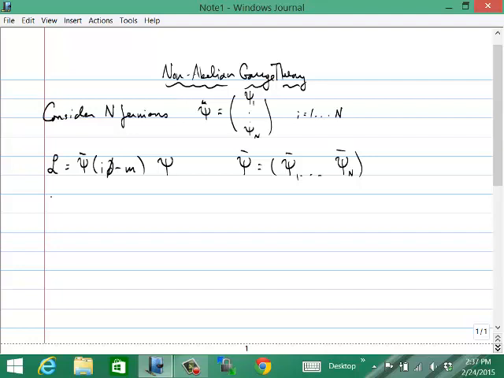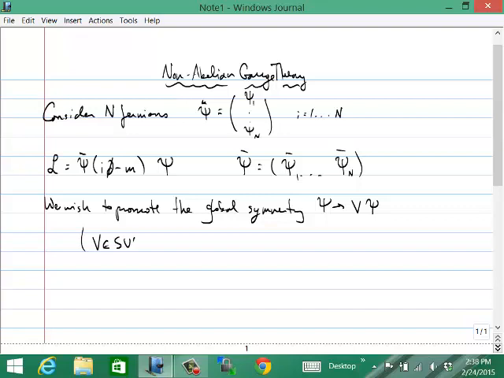And the idea is that we wish to promote the global symmetry, whereby we multiply psi by some unitary matrix V. So here V, as we discussed last time, is going to be some special unitary matrix, by which we mean that V dagger is the inverse of V, and the determinant of V is equal to 1.